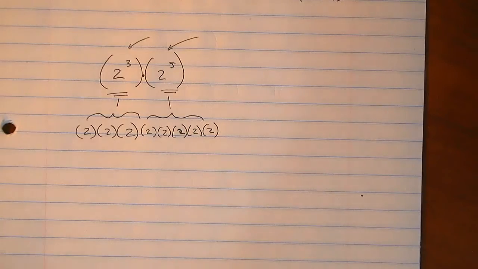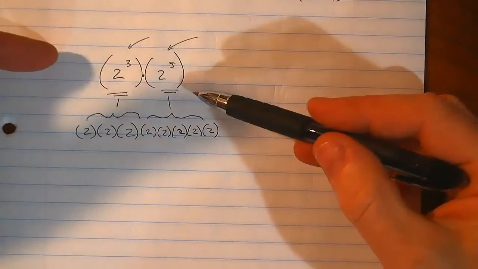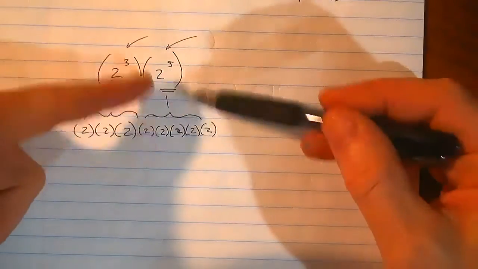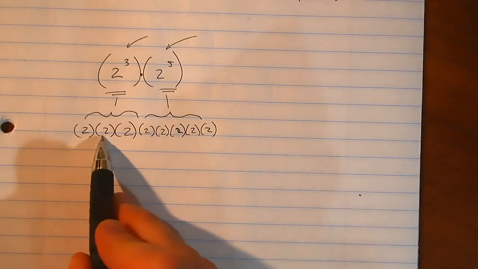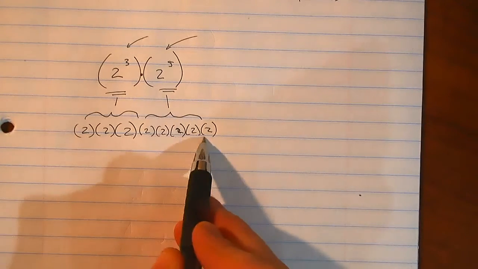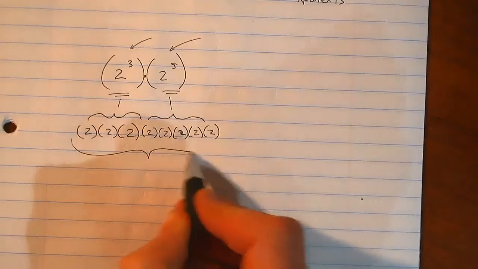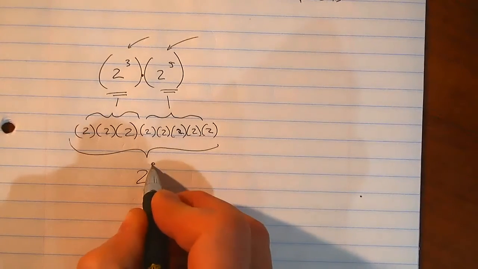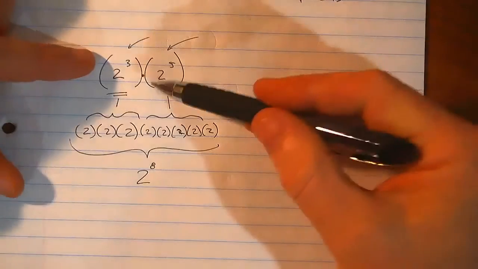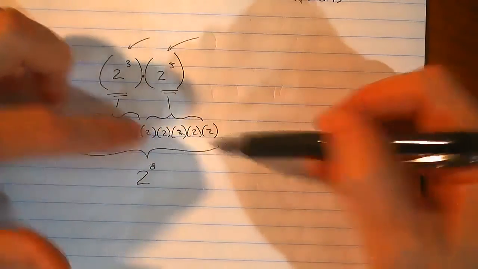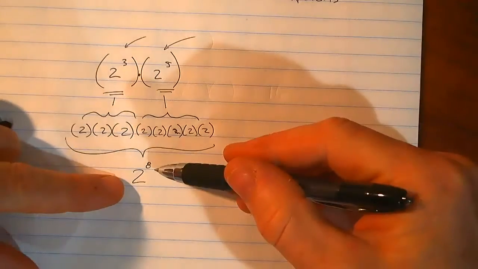So what I've got in this situation is 3 2's from the first thing, and 5 more 2's from the second thing. So notice what I have all together: 1, 2, 3, 4, 5, 6, 7, 8 2's all together. So the product rule tells me that because of the way these lump together, I can just add the exponents.